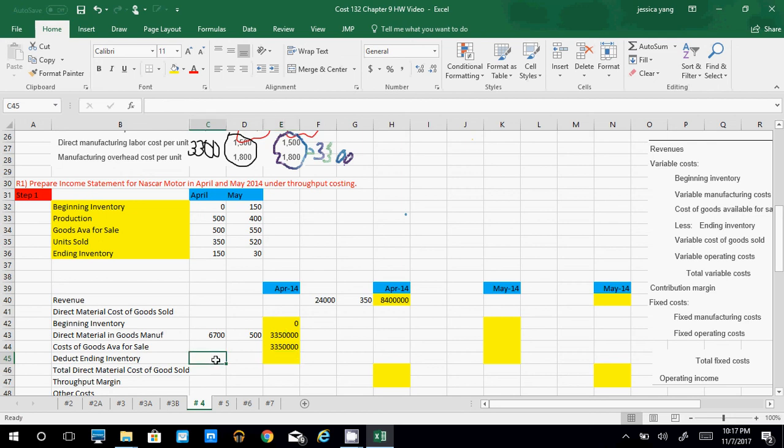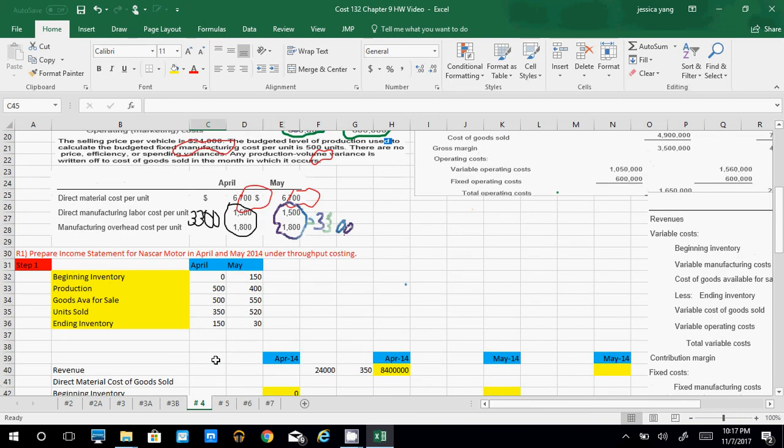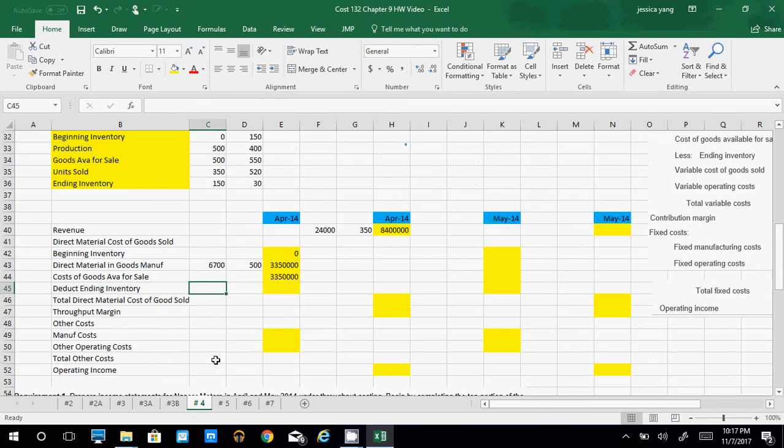To deduct ending inventory, we take $6,700 from the direct material cost per unit in April and multiply that by our 150 units of ending inventory in April, which gives us $1,005,000.